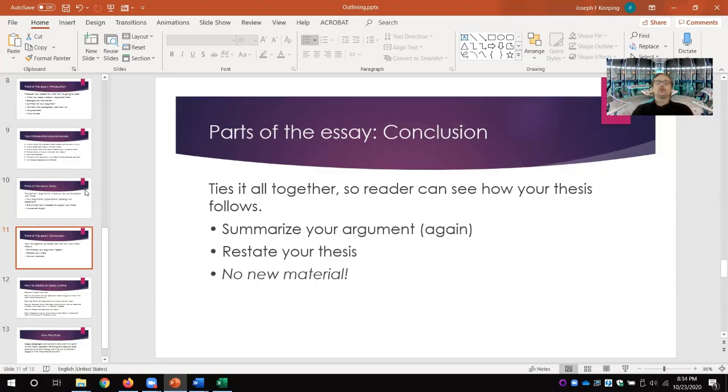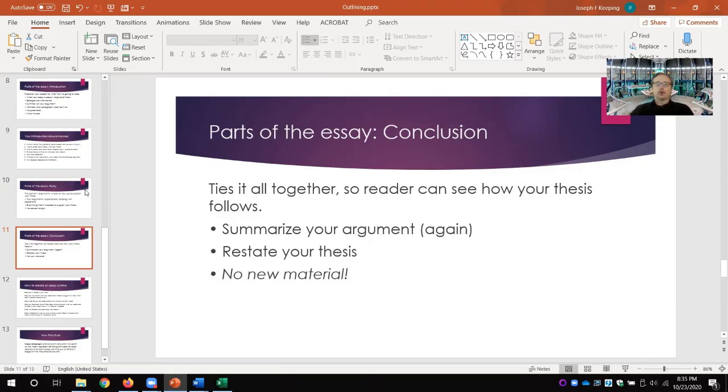So your conclusion is going to contain another summary of your argument, but not the same summary as in the introduction, because the conclusion serves a different purpose. Look at it this way. The body of your essay might be several pages long.